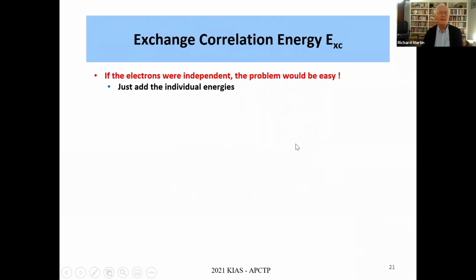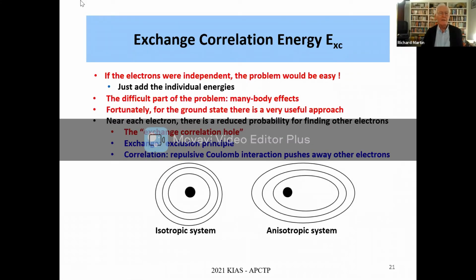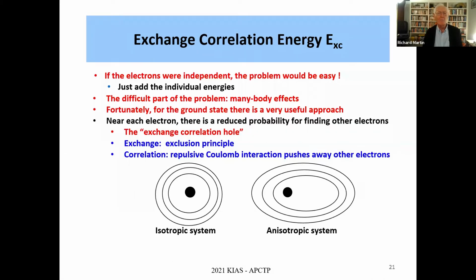So what is the exchange correlation functional? If there were no interactions, you wouldn't need to worry about this. But the difficult part of the problem is to include these many-body effects due to interactions. And fortunately, there's a pictorial way that actually helps us understand the exchange correlation energy in the ground state.